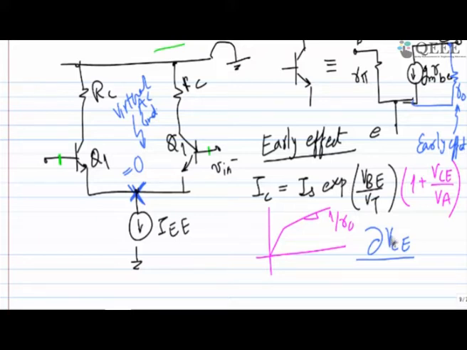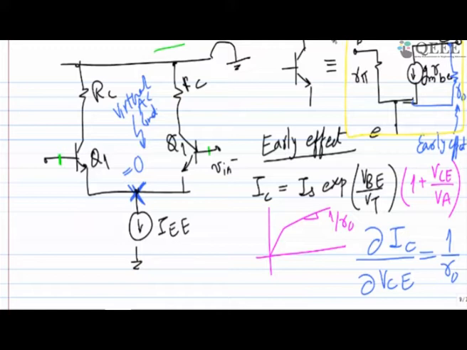That was the one term which we had not included in the previous Y parameter analysis, because at that time there was no control of collector current by VC. But by adding the early effect voltage, a new term comes, which is called R0. So let's remember this small signal model from now onwards to do the analysis.